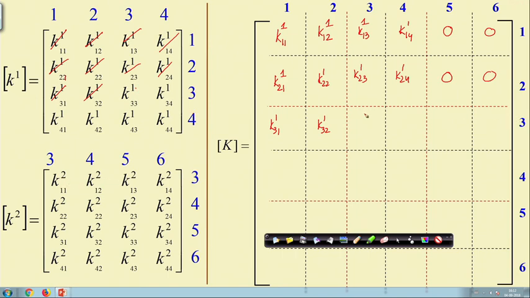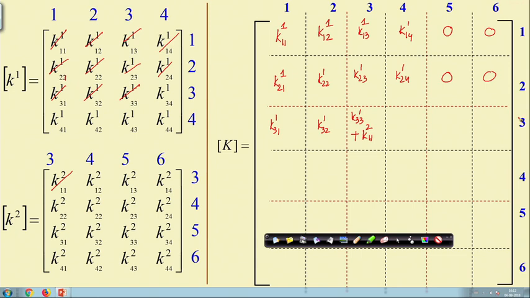So, K33 will be this plus this, that is K33 of member 1 plus K11 of member 2.